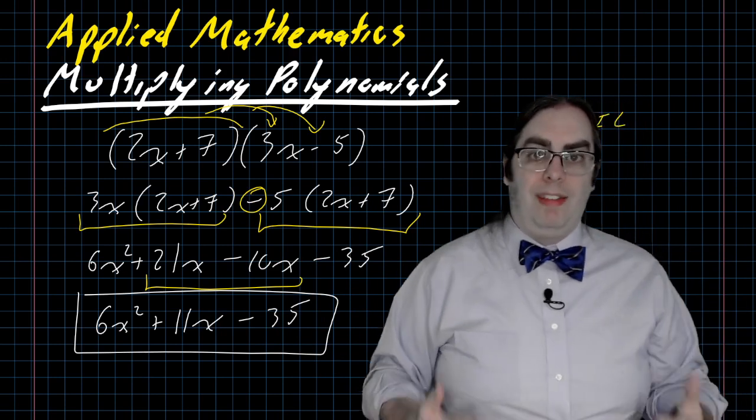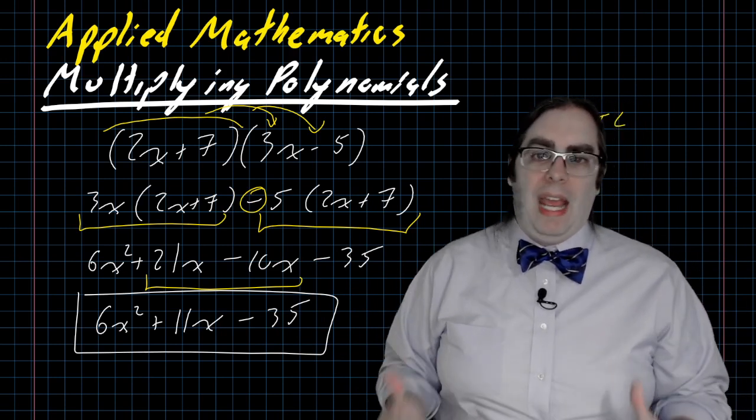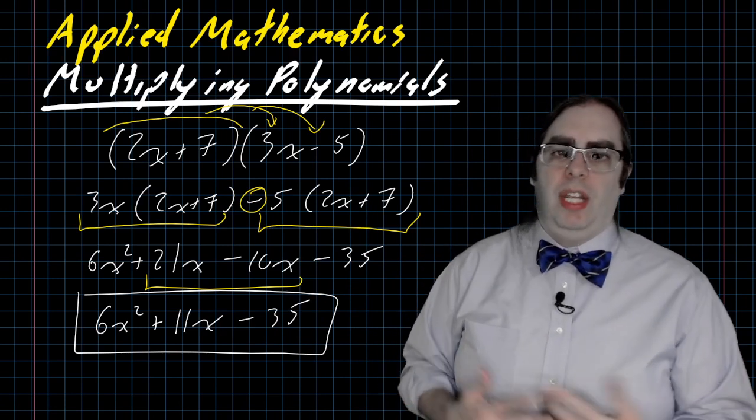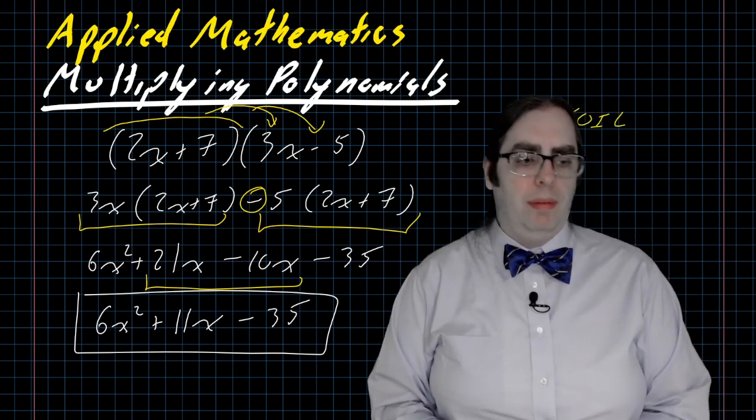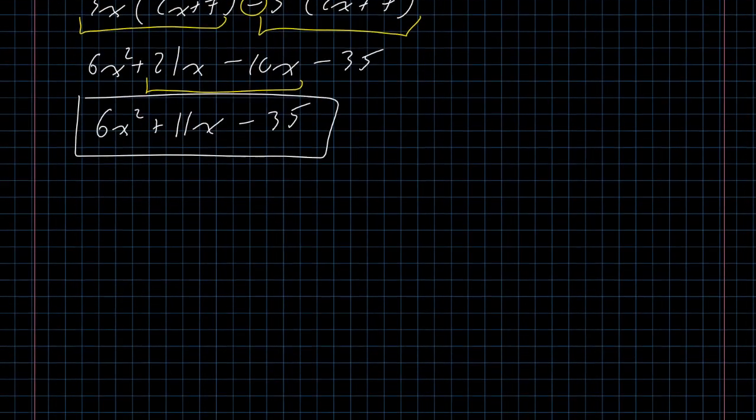Things show up in a slightly different order than what I wrote down, but it's the same things, and that's all that matters because it's addition, and addition has the commutative property. With that in mind, let me get my head out of the way, and let's dive right into the next example.